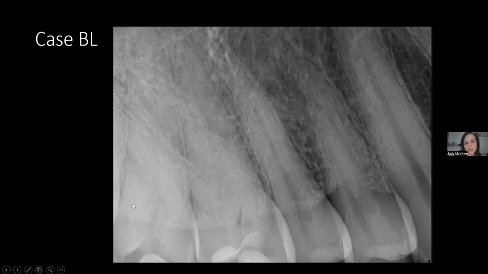So again, I'm going to look at the horizontal bone here, here, here, and all of a sudden it dips right here. See that little dip on tooth number 5, the upper right first premolar? And also, I would say that premolar has a little bit of widened PDL.